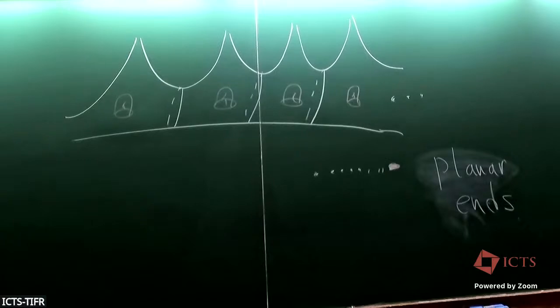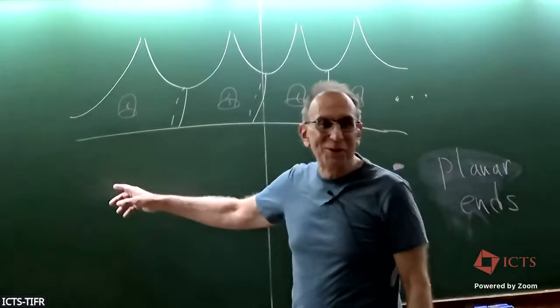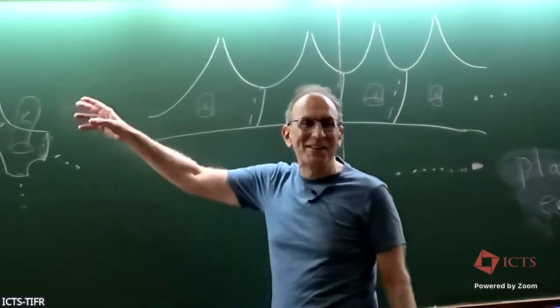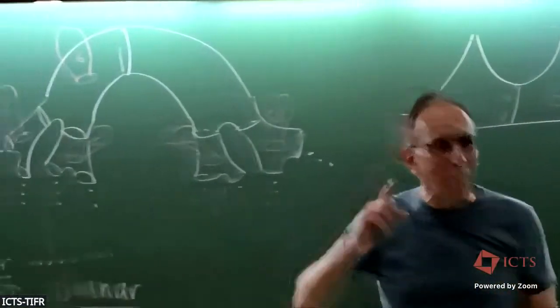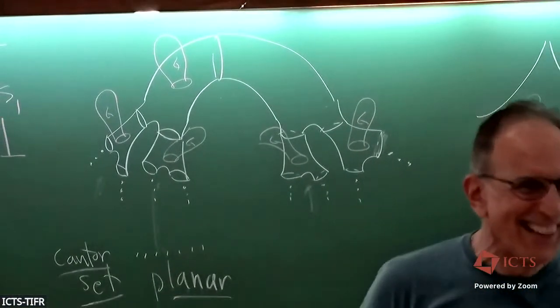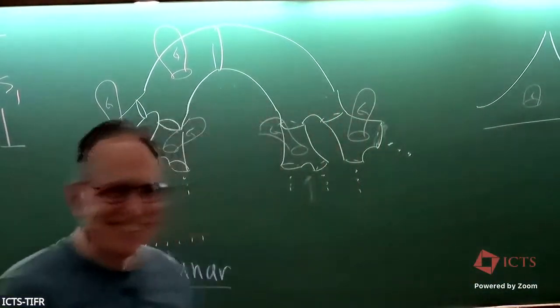That's supposed to be a cusp over there. Yeah, because it's a flute. If it kept repeating in that direction, it's called a bi-infinite flute. You should know your language.